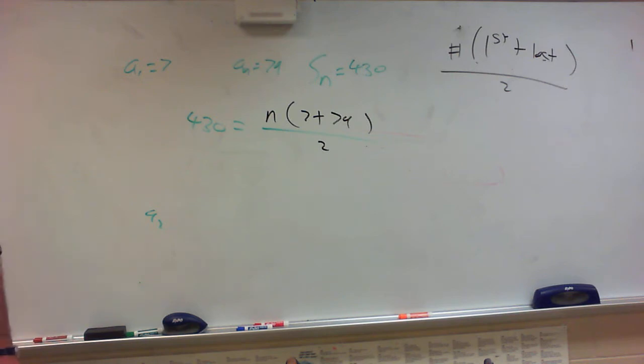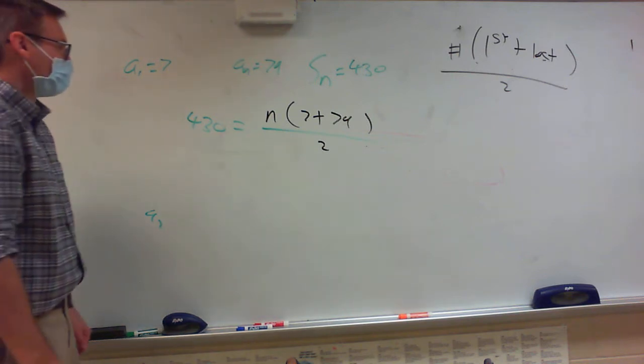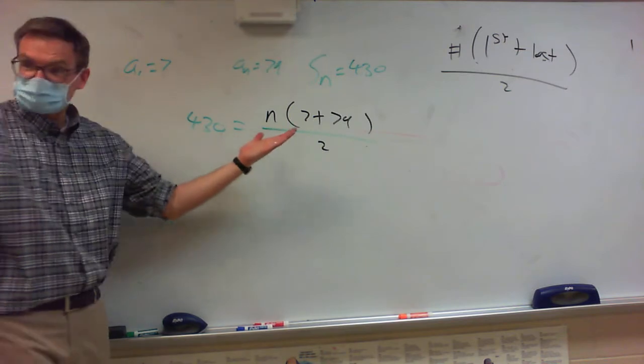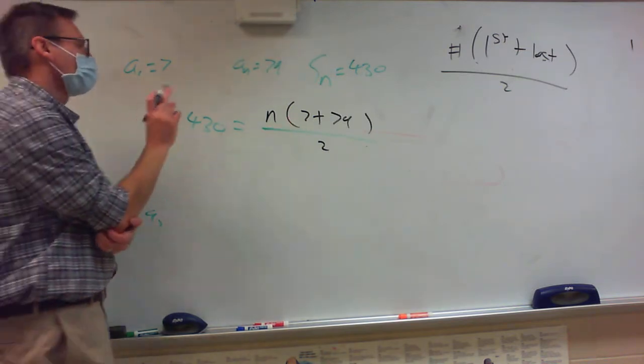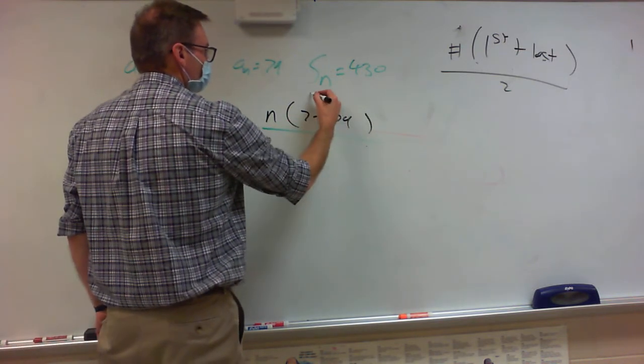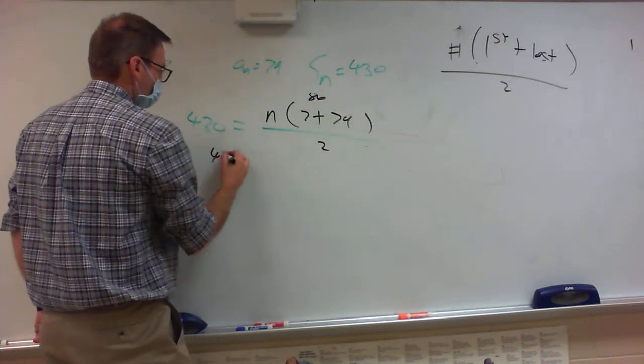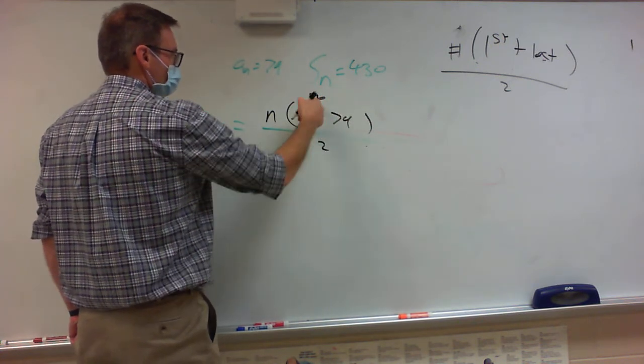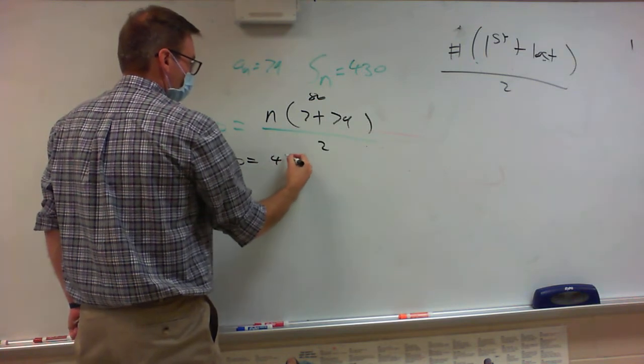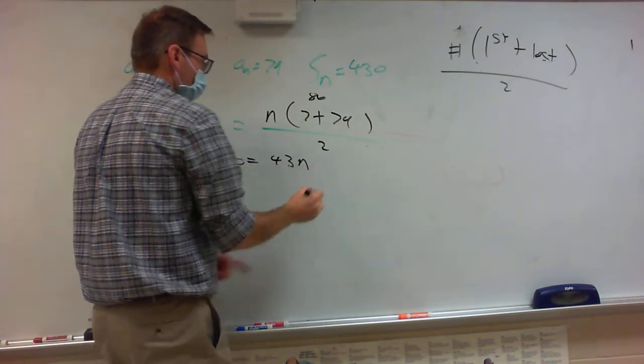Does that make sense? And, well, you could solve that, can't you? My suggestion is 7 plus 79 is 86. And so I end up with 430 is equal to 43n.